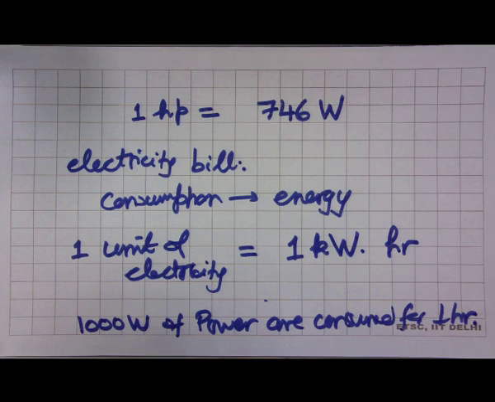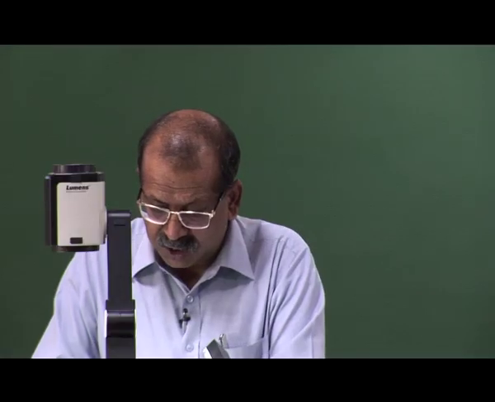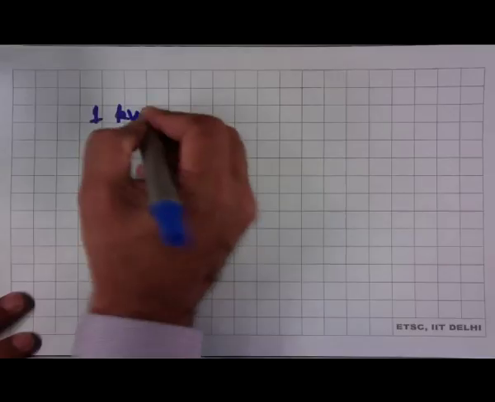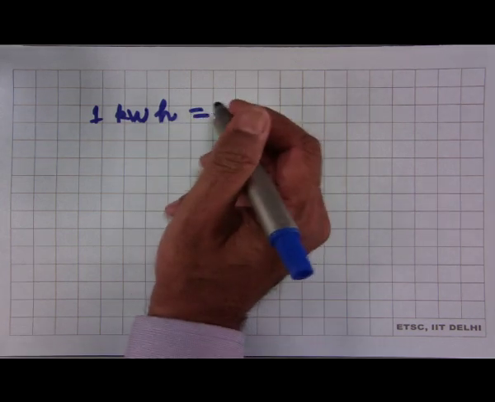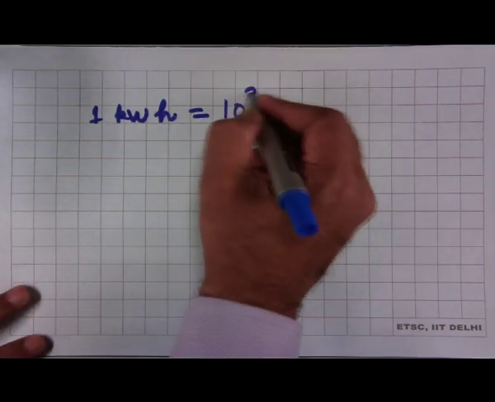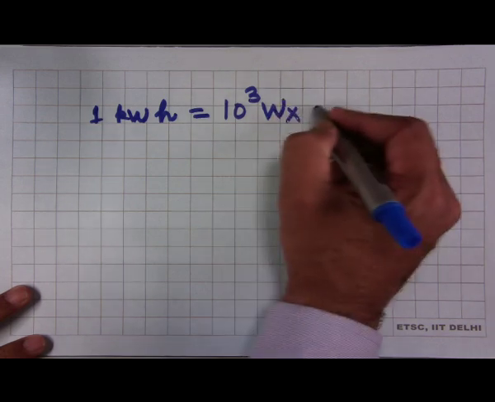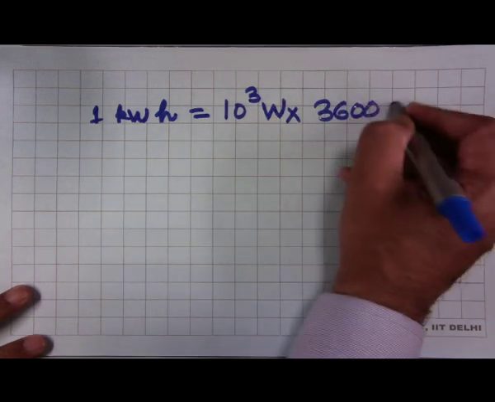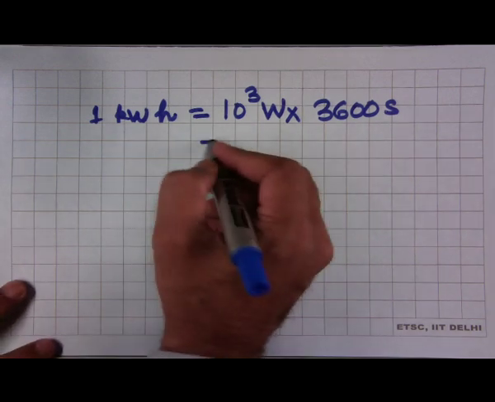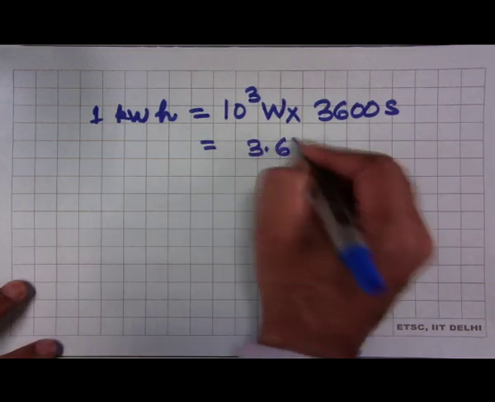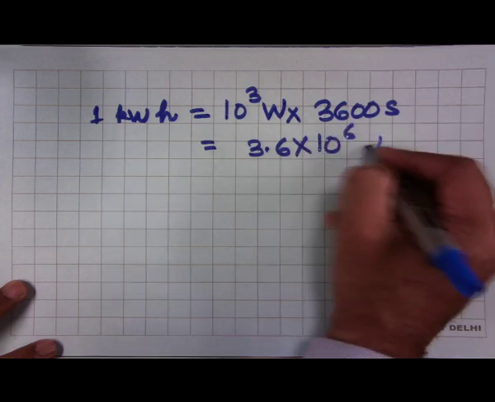If we look at this unit, 1 kilowatt hour, 1 unit of electricity, this is equal to 10 to the power of 3 watts into 1 hour, which is 3600 seconds. So, this will be equal to 3.6 into 10 to the power of 6 joules.